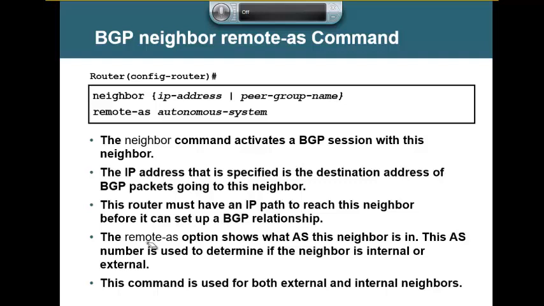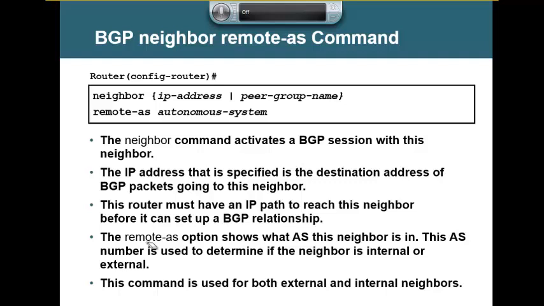Now where may the mistake happen in this, and how can we identify it? The mistake in this configuration can be identified by typing show IP BGP summary. And when you see the neighbor status active or idle, the problem is with the routing table.